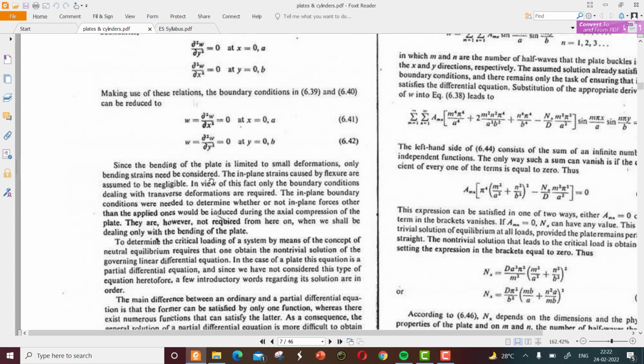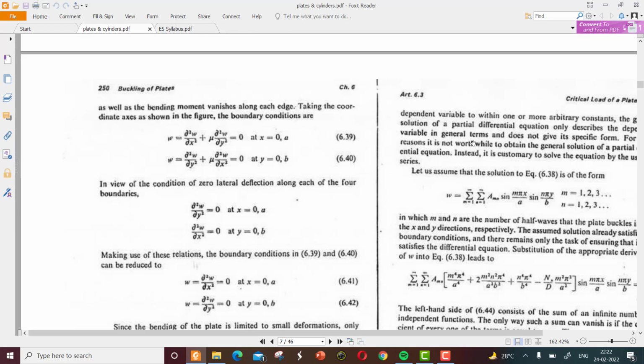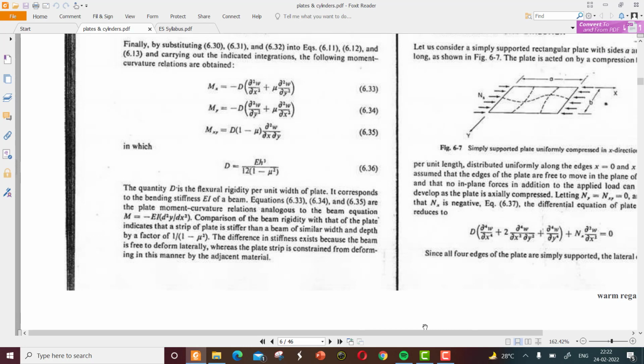So this equation is actually a partial differential equation, and we need to solve it. For that, we are assuming a deflection pattern which will satisfy the boundary conditions, as well as follow the profile of the differential equation for the plate, equation number 6.38.